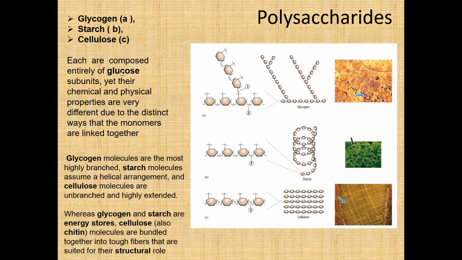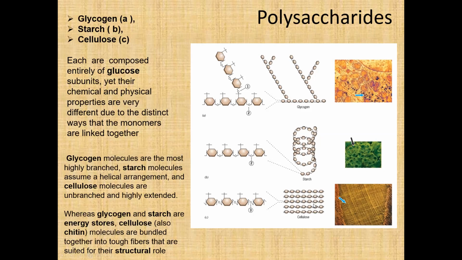This is glucose, of course, but their chemical and physical properties are very different due to the distinct ways that the monomers are linked together. You see it clearly on the picture how these glucose molecules are connected to each other in the case of glycogen, starch, and cellulose.